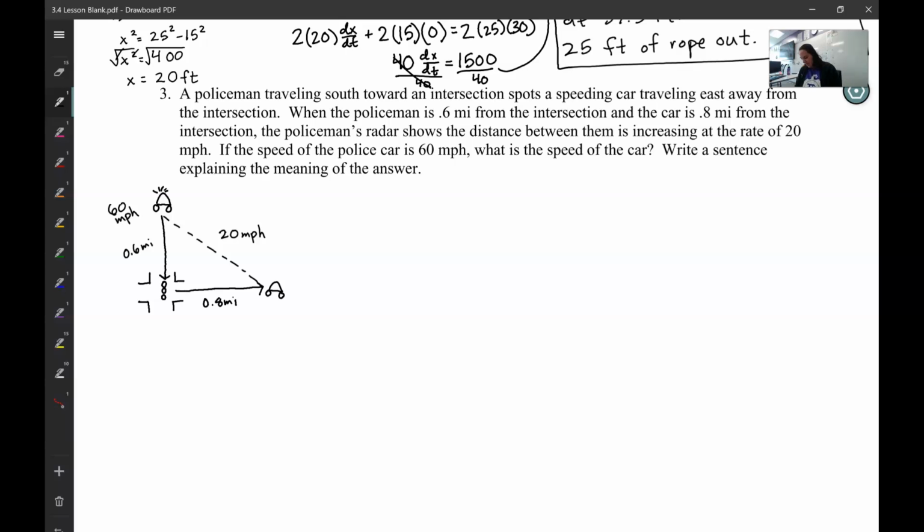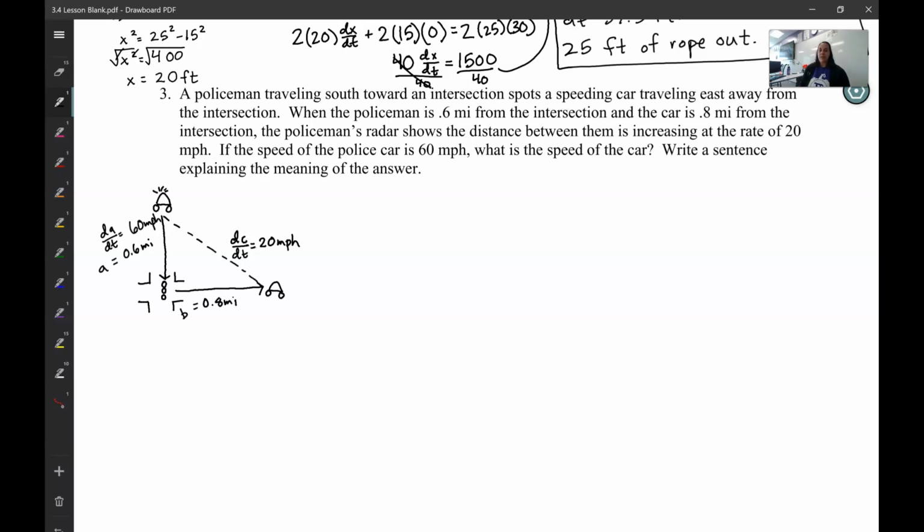So let's say this is A, this is B, and this one would be dC/dt, because it's a rate. And we're taking it with respect to time. We also know that dA/dt is 60.